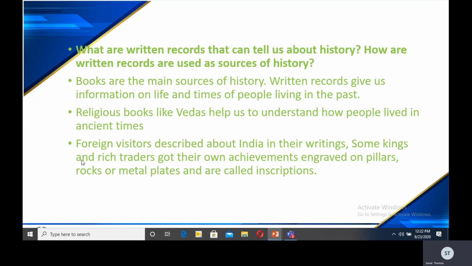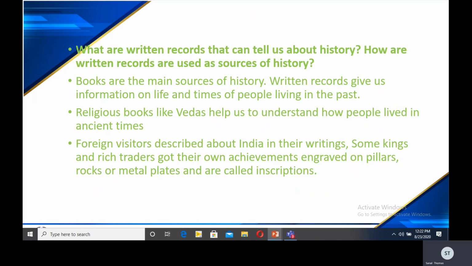Some kings and rich traders got their own achievements engraved on pillars, rocks or metal plates and these are called inscriptions. So this is another written document. Whatever achievements the kings or the rich traders had, they put them on pillars, rocks and metal plates at that time.